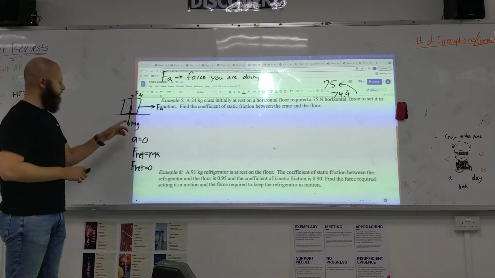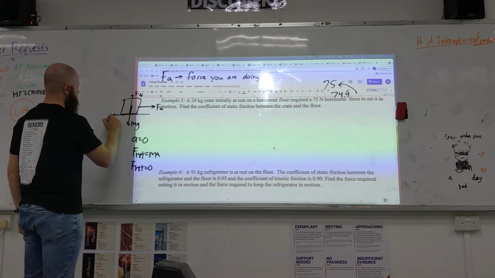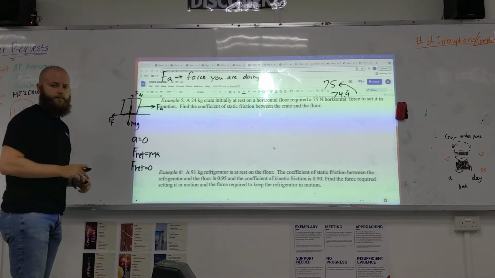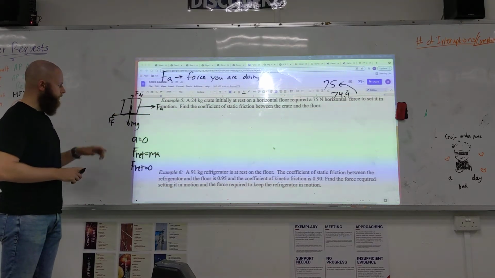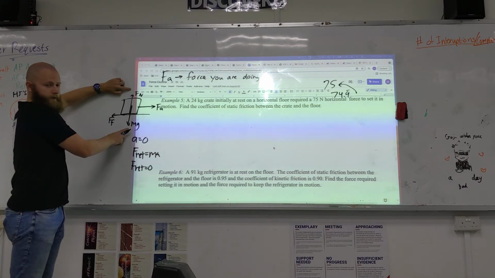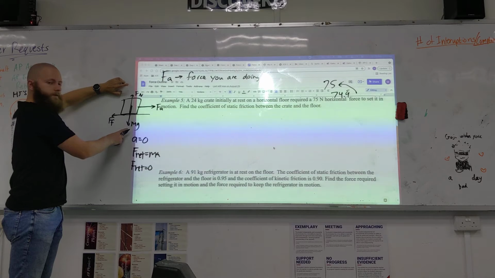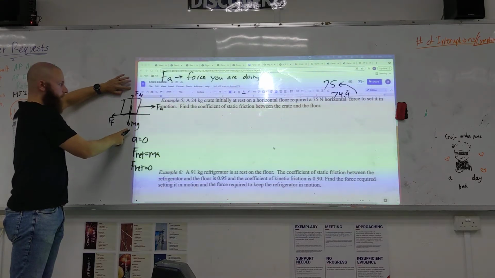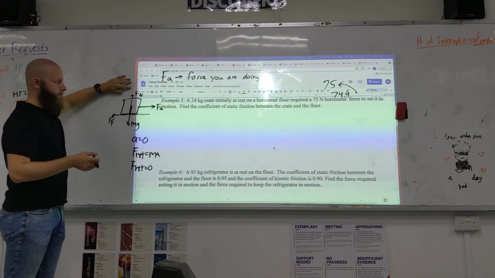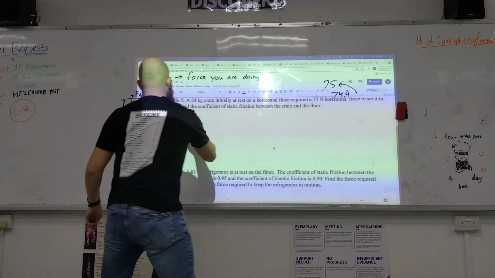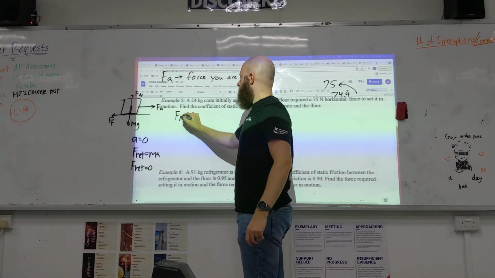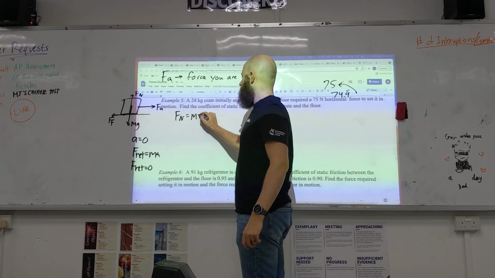So there's one more force I need here. I need an Ff. What do I know about these two forces? Remember, my F net is 0, so they cancel out, or I can say they're equal to each other. So I know Fn equals mg.